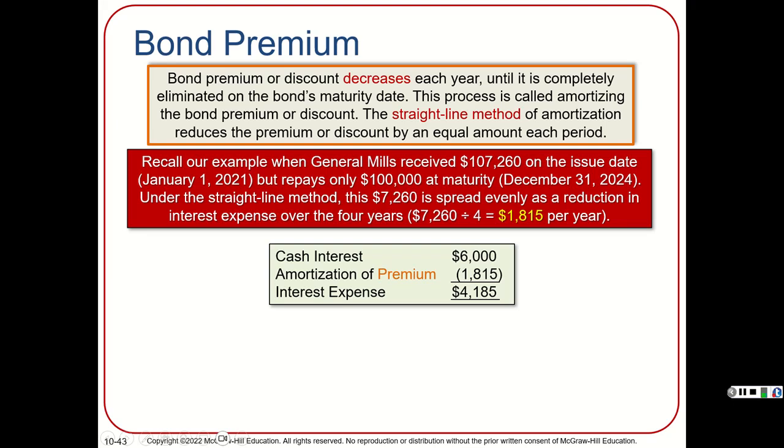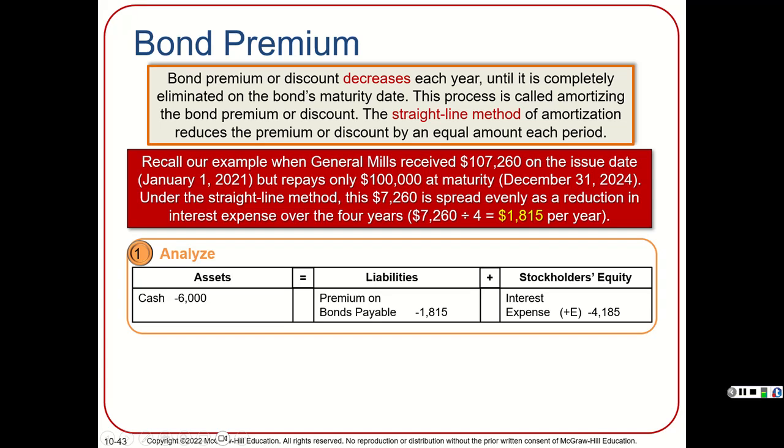So what this is saying is that the investors were willing to pay a little bit more to still get that interest payable that's paid at the end of every year. So that's why, even though the bond is stated at 6%, the interest expense is going to be less.